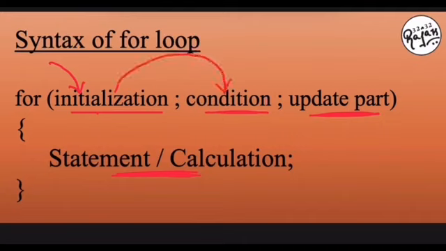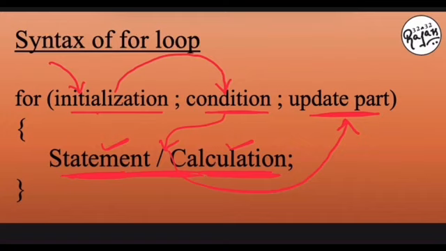It checks whether the condition is true or false. If the condition is true, then only you are allowed to get inside the body and perform either printing of a value or calculation of a value. Once the statement is printed or calculation is done, you will be sent back to the update part. Here the value of the variable which is running the loop will be changed.